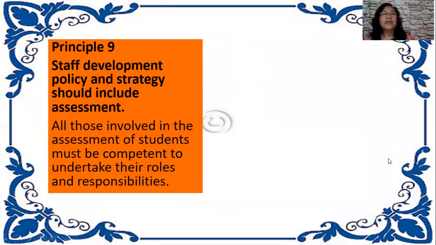Okay? Principle 9, staff development policy and strategy should include assessment.